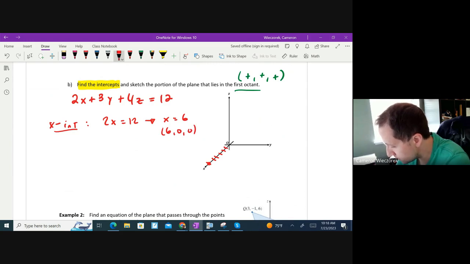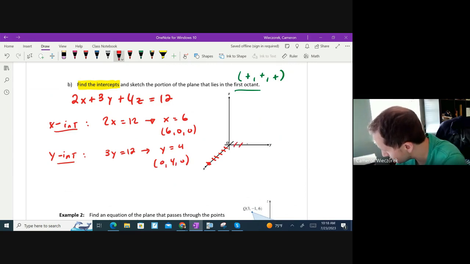The y-intercept, I'm going to let x and z both be 0. So I get 3y equals 12. So at the point 0, 4, 0, I'm going to go out 4 units on the y-axis, put a dot. And the z-intercept, I'm going to let x and y both be 0. So I end up with 4z equals 12, z equals 3.